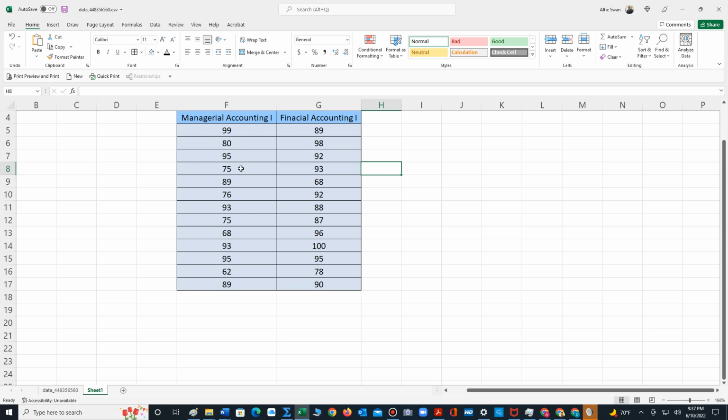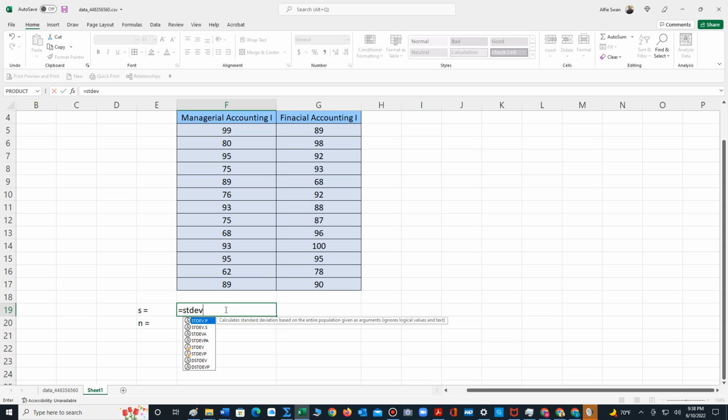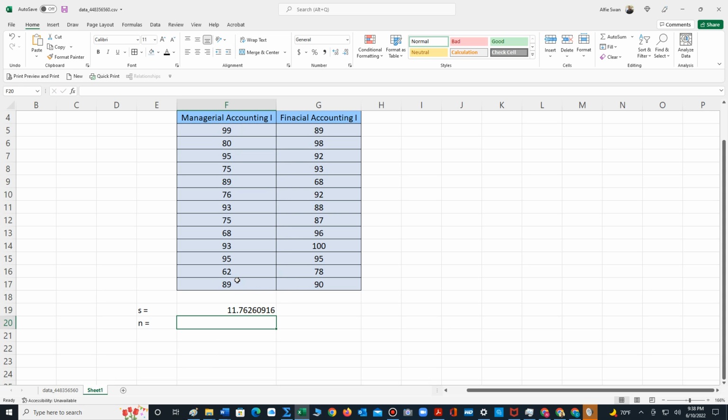Let's look at Excel. Excel has a built-in function that allows us to calculate standard deviations, and that function is called STDEV.A. I select the array of numbers, and the sample standard deviation is computed.